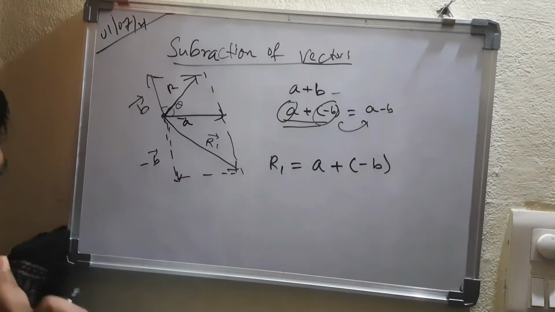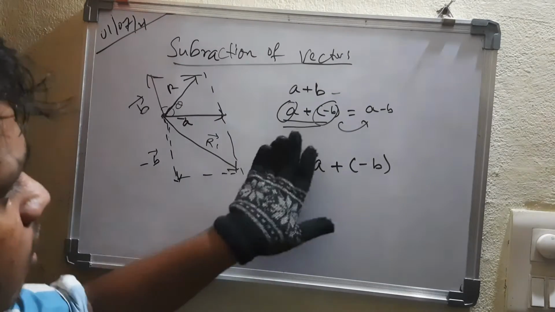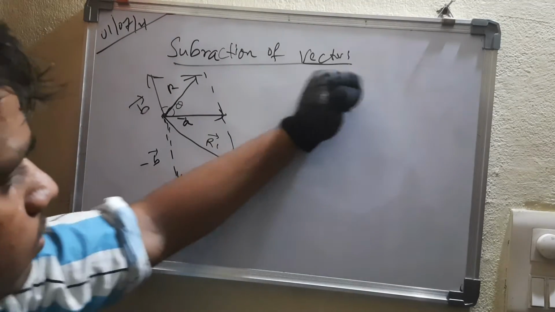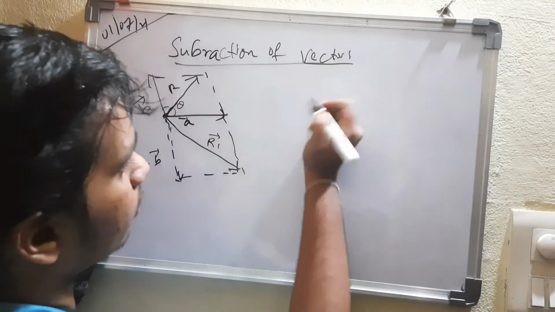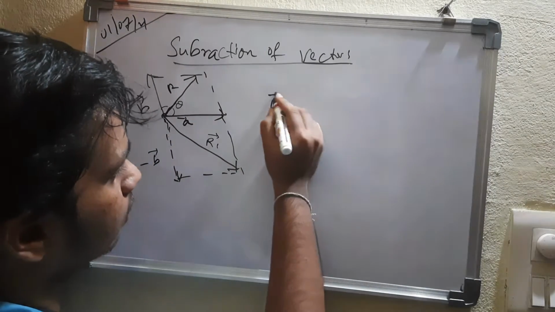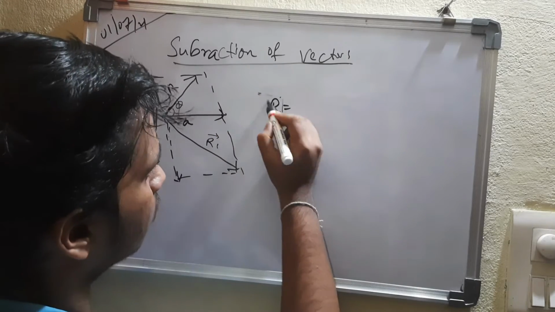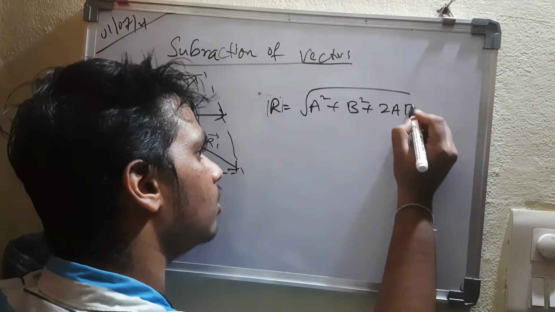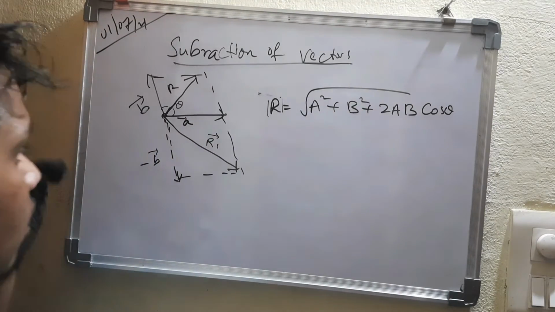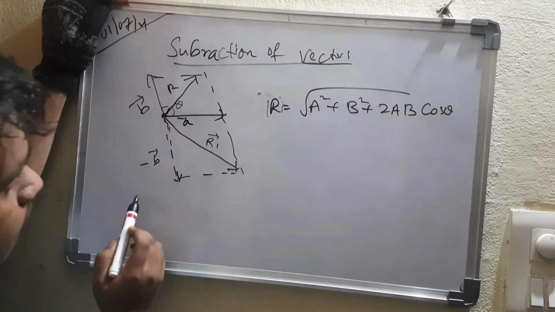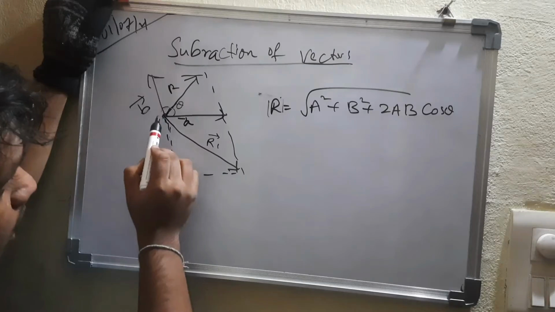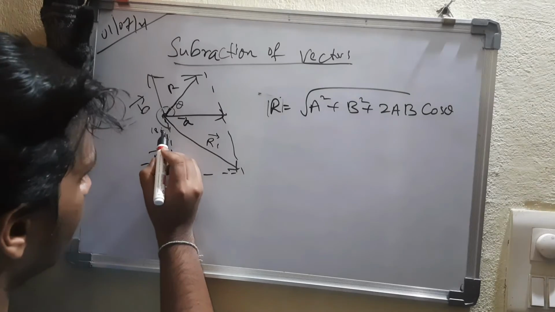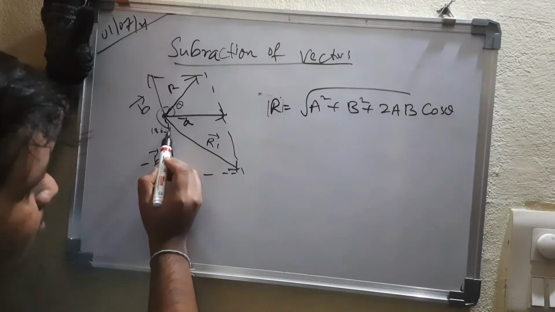So the formula of subtraction of vectors, I'll write it here. You understood this diagram, right? What's the formula of addition of vectors? R equals under root of A square plus B square plus 2AB cos theta, right? Now what's the angle between B and minus B? The angle will become 180 degrees minus theta.